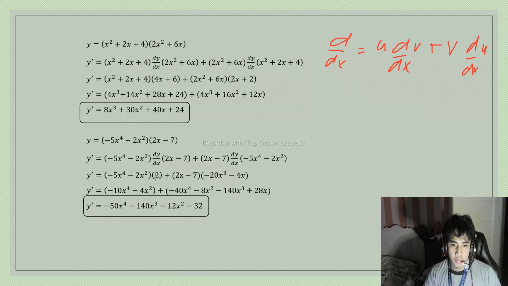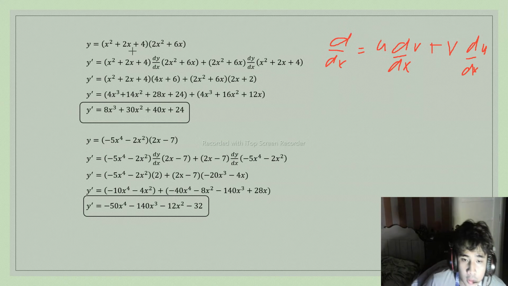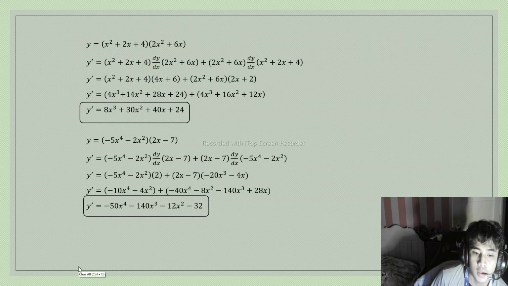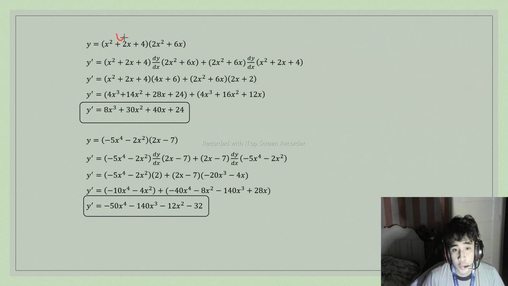Weird, pero it works. So, ito na tayo. x squared plus 2x plus 4 times 2x squared plus x, 6x. And find the derivative using power rule, I mean, product rule. So, u and v. So, ganun ulit.